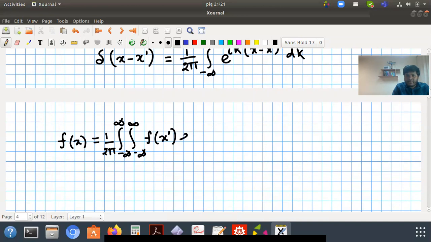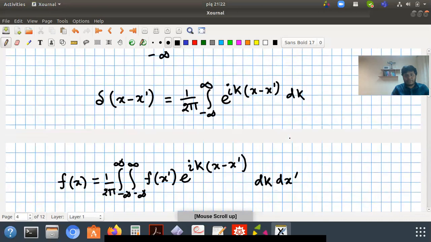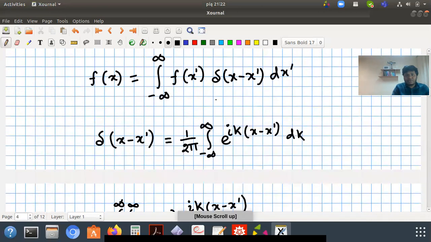For the delta function, you will get e to the power i k (x minus x prime), with dk and dx prime. So you can just compare: whatever this delta function is, we inject it at this point.